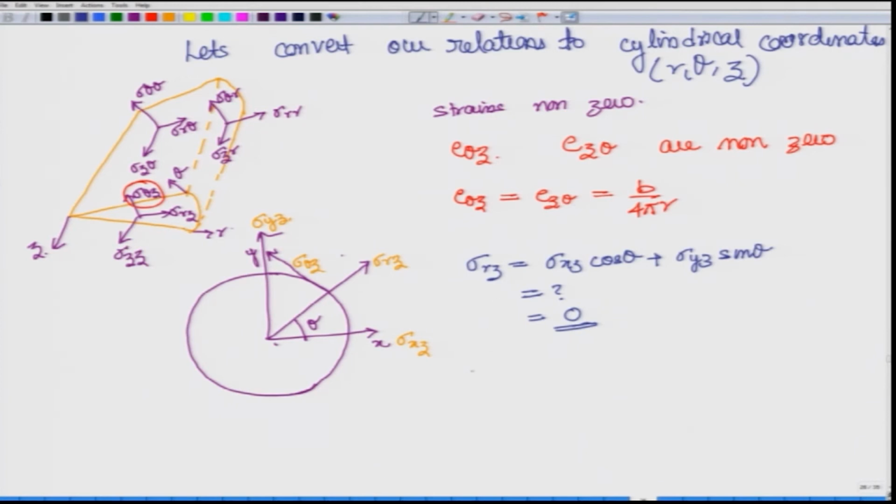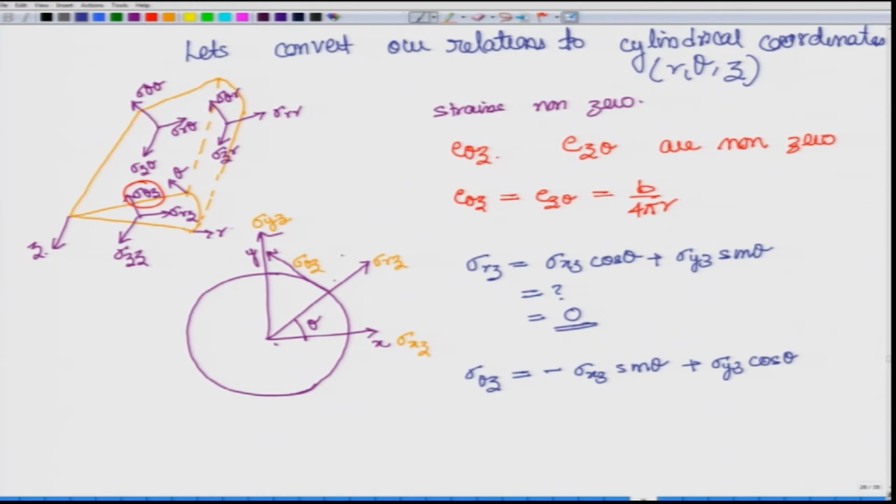So, now let us go to sigma theta z. Sigma theta z is along this direction. So, what we get here is the negative component of sigma xz in that direction, minus sigma xz sin theta plus sigma yz cos theta.